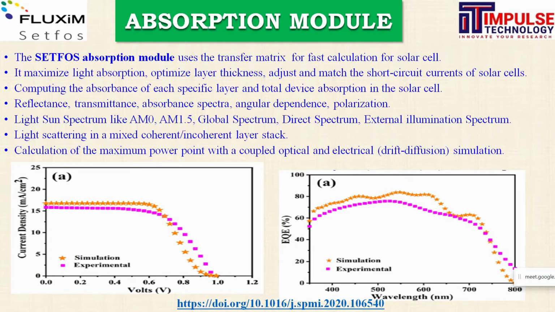Suppose you would like to plot the optical property of your device initially, and later also plot the electrical property. Then it is possible to plot them simultaneously and analyze both properties at a time. These are some key graphs plotted under illumination conditions, for experimental and simulation results.